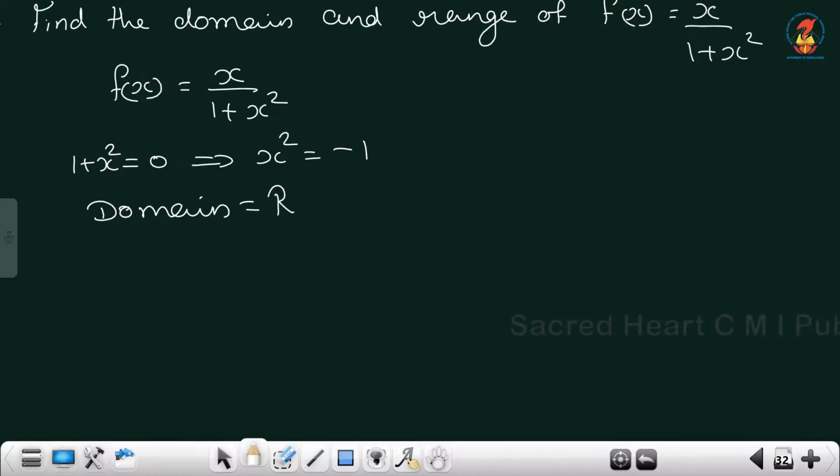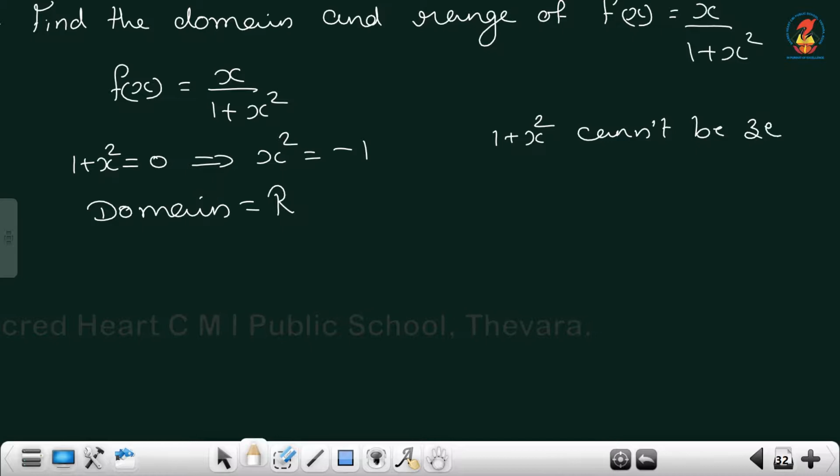Or we can write 1 plus x square cannot be 0 for real numbers. Okay, so domain is equal to R.